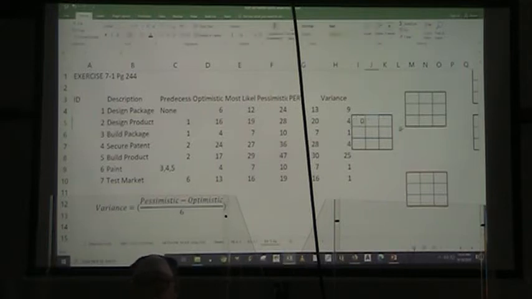All right. This is the first activity, so I equal my A4, my ID, equal B4, my description, and equal, now what I'm going to do, the first pass through this is do it on the most likely time.